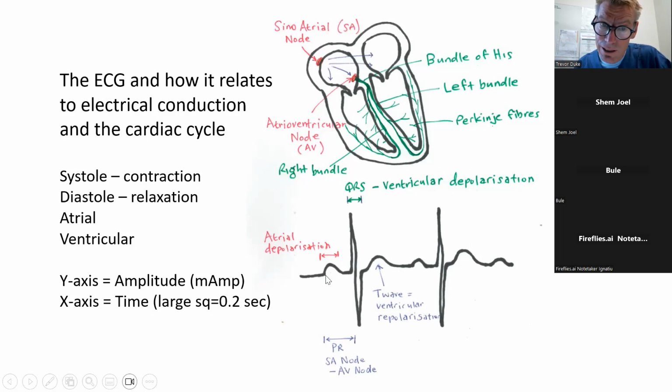So the P wave is atrial depolarization, and the time between the start of the P and the start of the R wave or the start of the Q wave is how long it takes the electrical activity to get from the sinoatrial node to the atrioventricular node. It's as simple as that. Anything that delays the conduction through the atrium will cause a long PR interval.